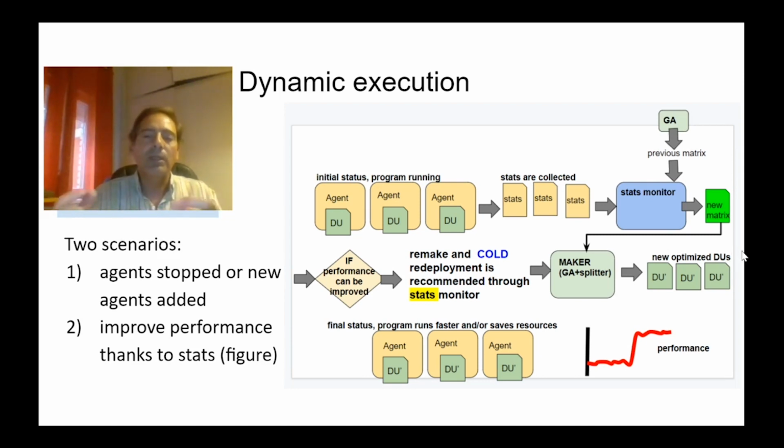For example, it may be detected that one function invokes another one, which are located in different machines, and communication can be reduced if both functions are joined in the same deployable unit. So that's what the maker does when we use the new matrix produced by the stats monitor, and the performance can be increased a lot. I'm talking about 10 times faster, for example. It's normal when this feature is used.